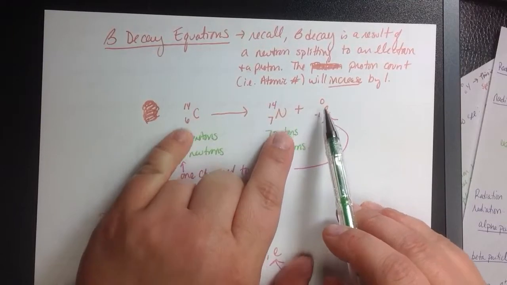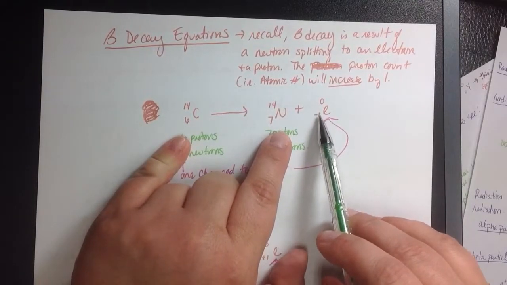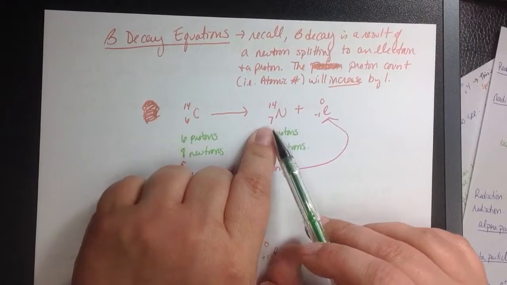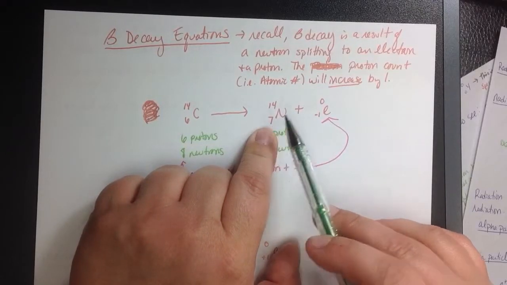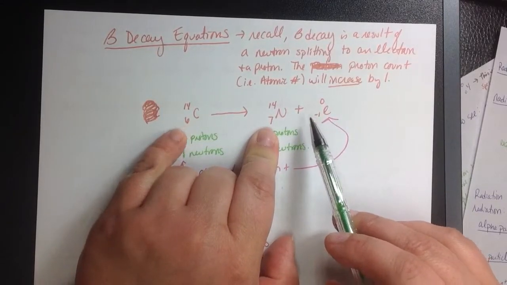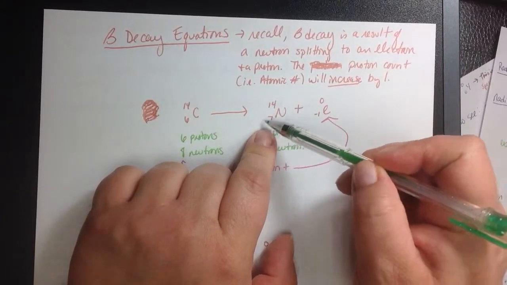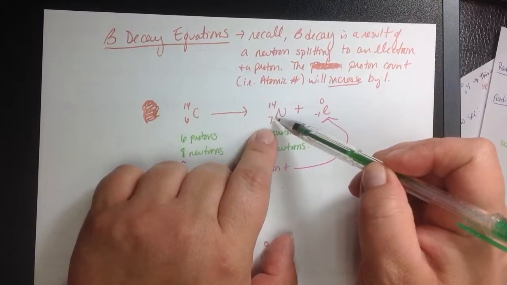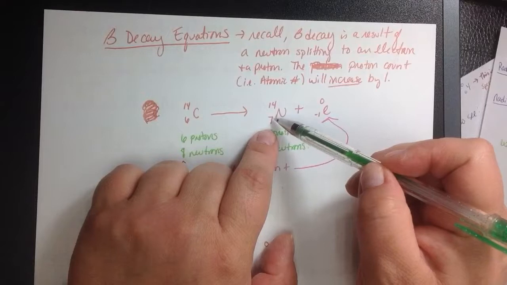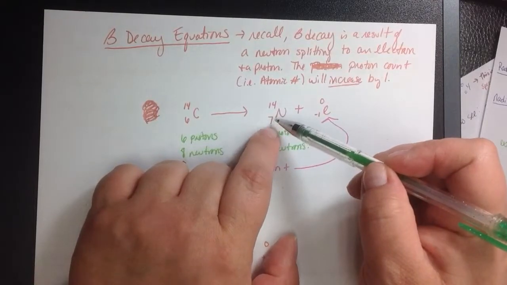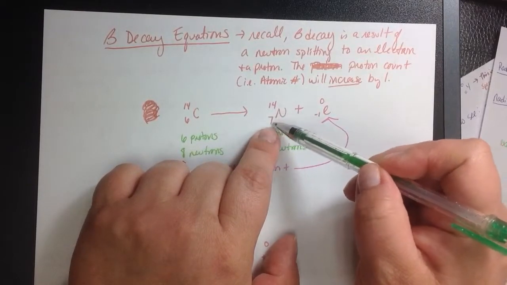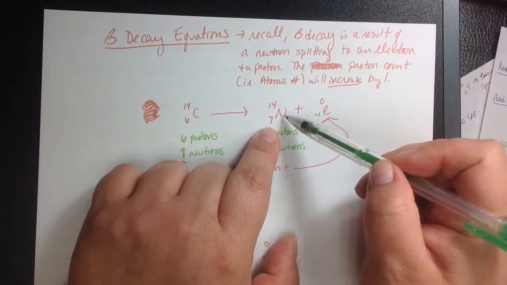That's fine. But in the process of this being minus 1, I've got to make this number be 7. 7 minus 1 equals 6. But when we change the number down here, which symbolizes protons, remember, that is what defines the element. So when I change the number of protons, I have to determine the element.